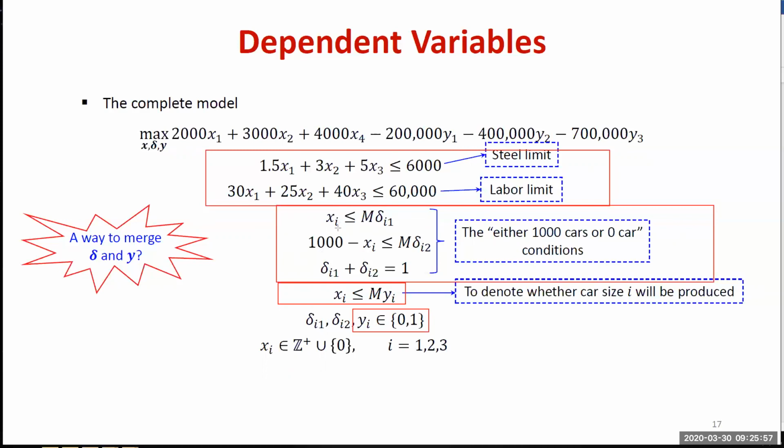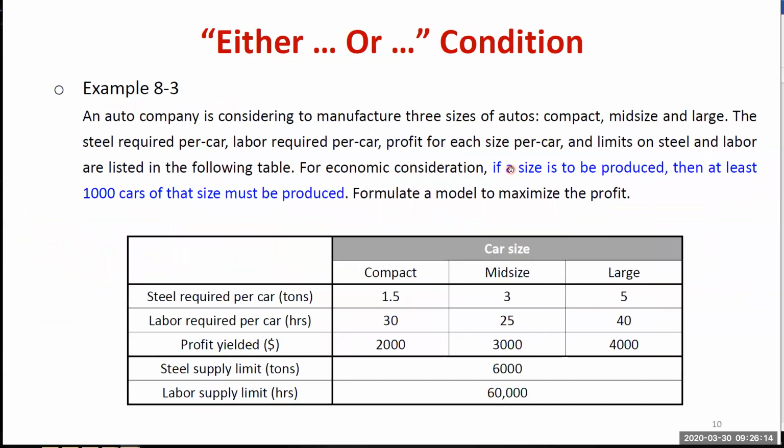If xi is 0, then you have delta i1 equal to 0 and delta i2 equal to 1, right? If xi is greater than or equal to 1,000, why? Because as we mentioned here, in the original problem, if a size is to be produced, then at least 1,000 cars. You cannot produce, let's say, 100 cars.